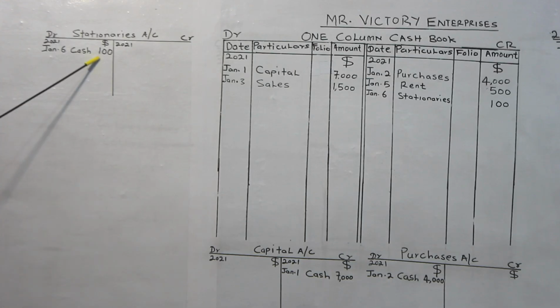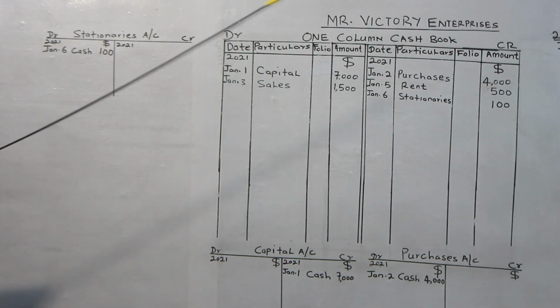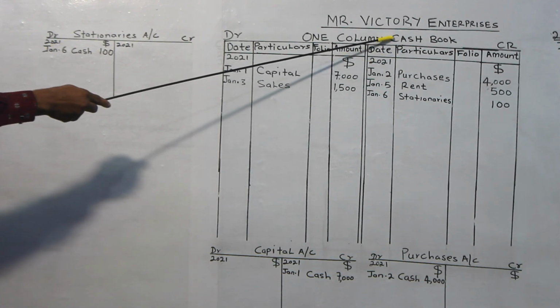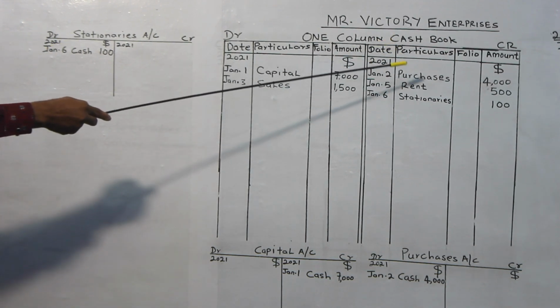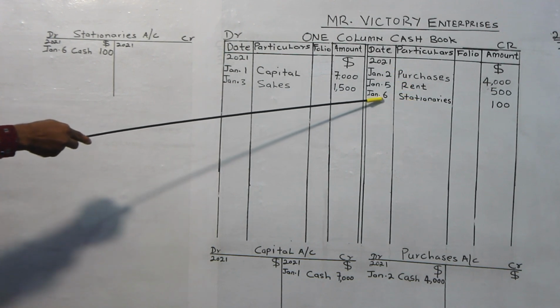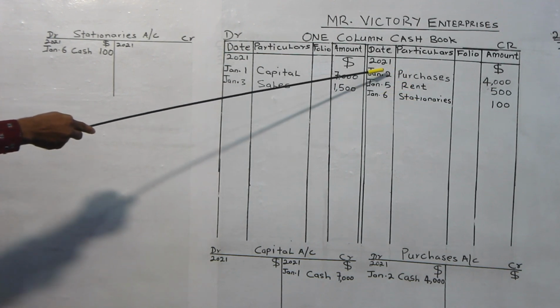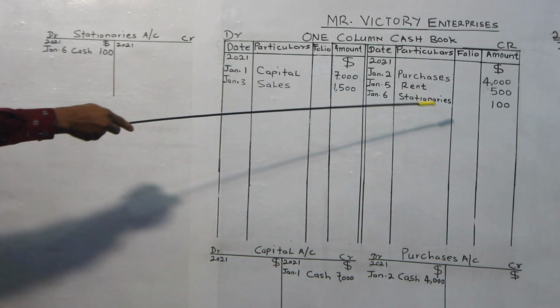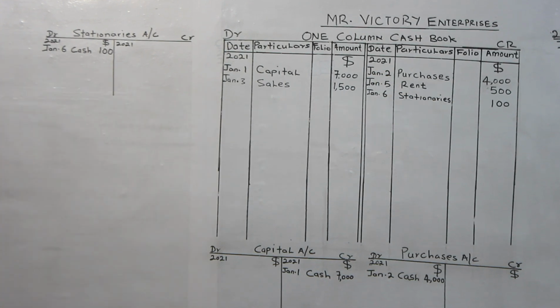So we debit the stationaries account with $100 received from cashier represented by cash on January 6th, 2021. While the cash book representing the cashier is credited on January 6th, 2021 with $100.